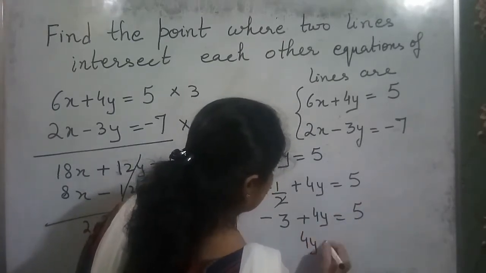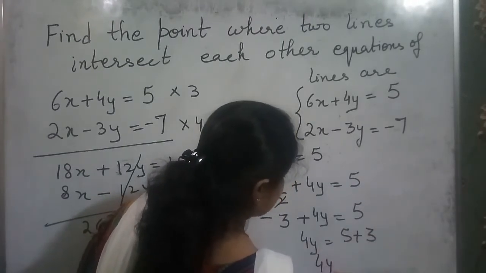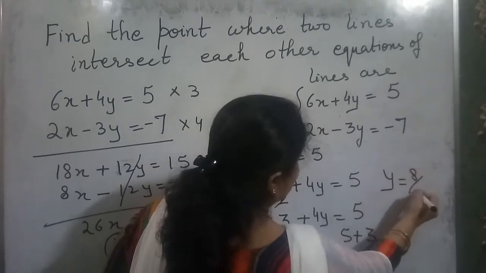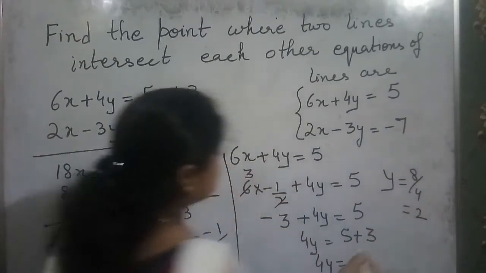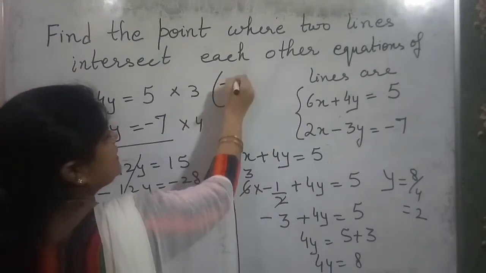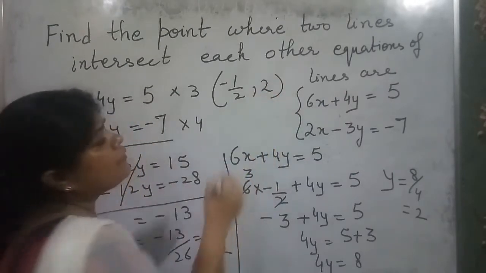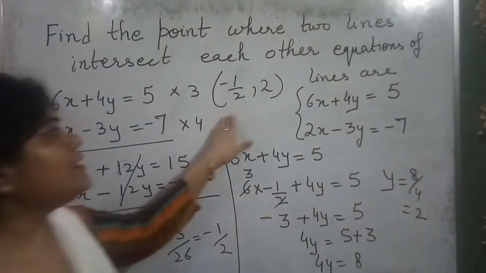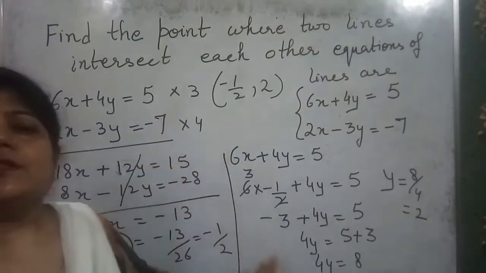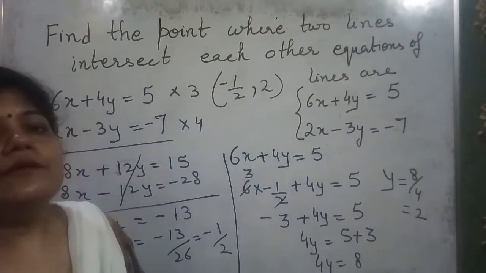So 4y is equal to 5 plus 3, that is 4y is equal to 8. So the value of y is 8 by 4, that is 2. So the point at which they intersect is minus 1 by 2, comma 2. So when we have to find the point where the lines intersect, we simply solve the two equations of the lines and we get the intersection point.